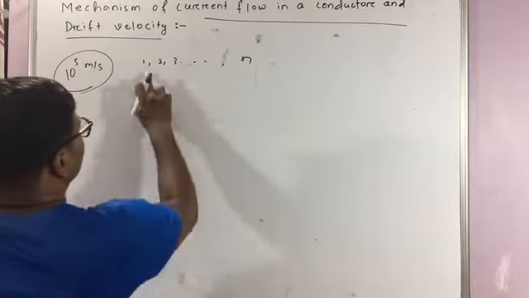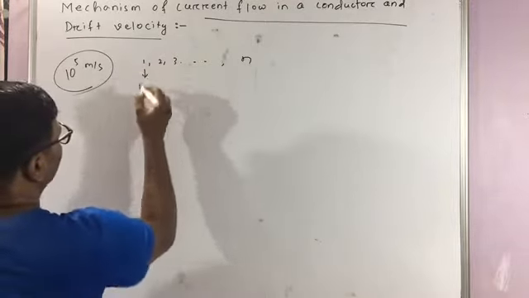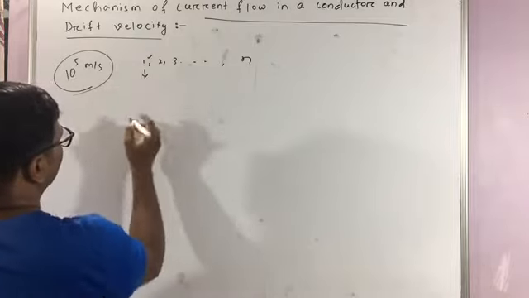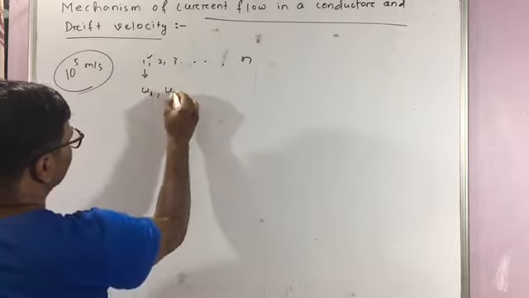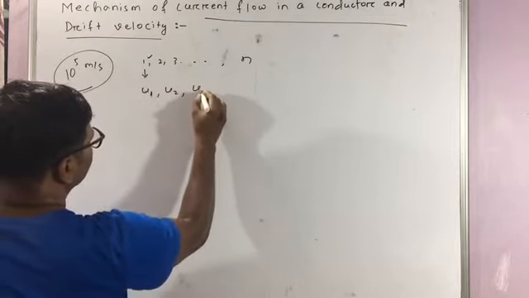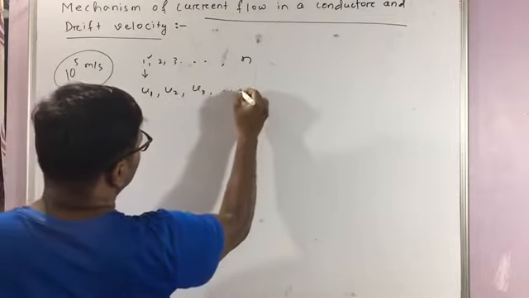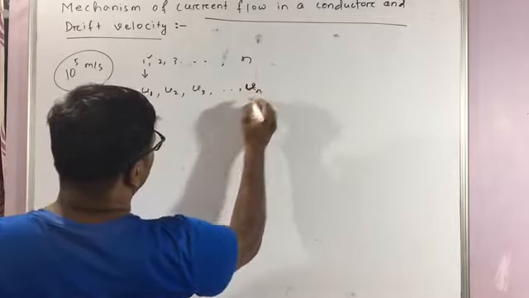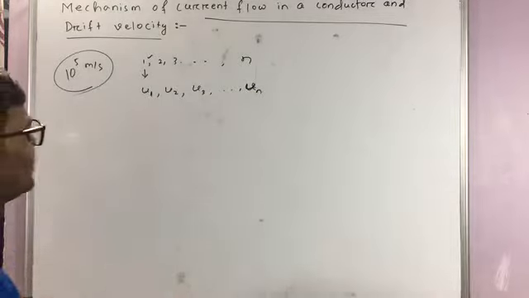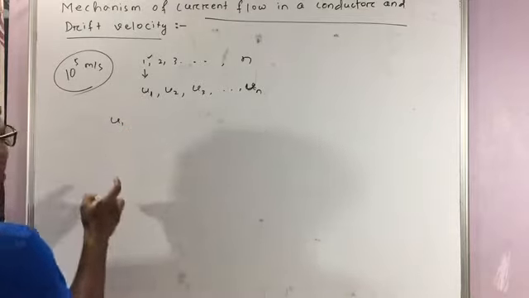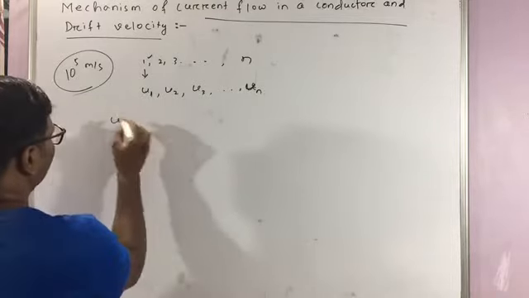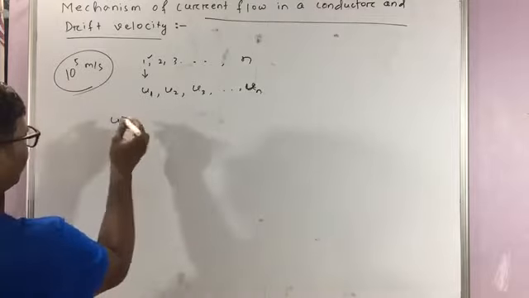It is a very huge speed. Clear? So suppose the first electron's speed is u1, the second electron's speed is u2, the third is u3, and up to the nth electron's speed is un. Then if you average out the speed, you can find the average speed for an electron, or average velocity if direction is considered.